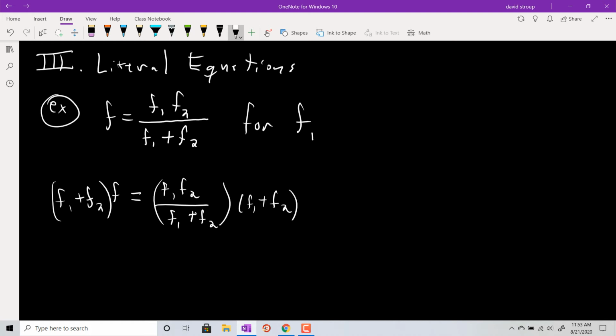If you multiply by that factor, it'll clear out that fraction. And we're in a little better shape.